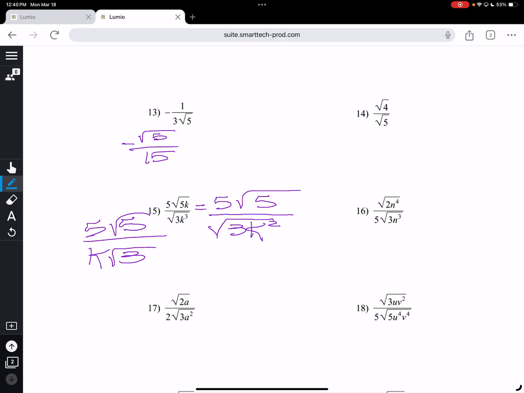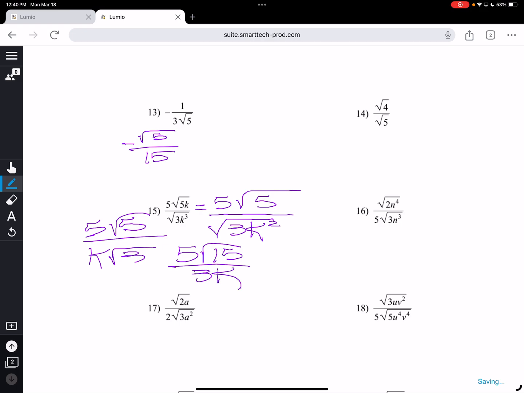K squared is a perfect square, so we have a k outside. So we're only going to be multiplying by radical 3 to solve. So what did y'all get? 5 radical 15 over 3k.